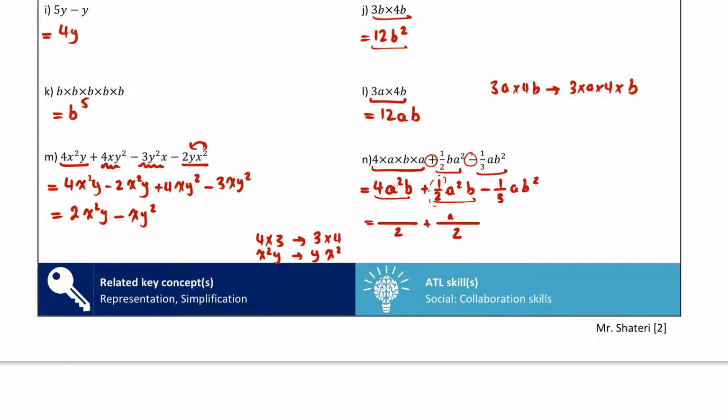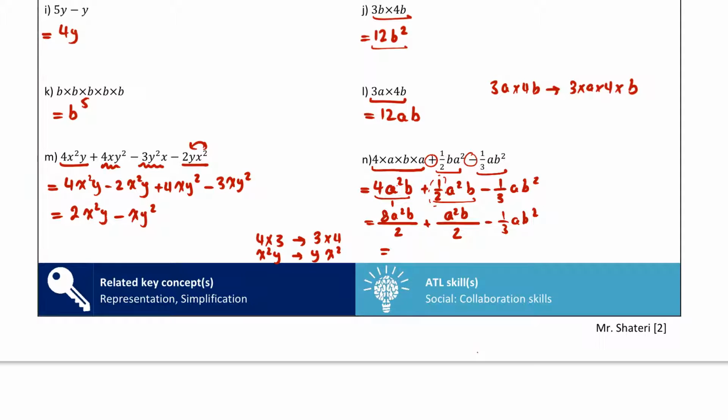I have a squared b over here, and here I have the denominator, which is usually just 1. If there's nothing there, then it's 1. I multiply the denominator by 2, so I have to multiply the numerator by 2. So this becomes 8a squared b and minus 1 over 3ab squared.